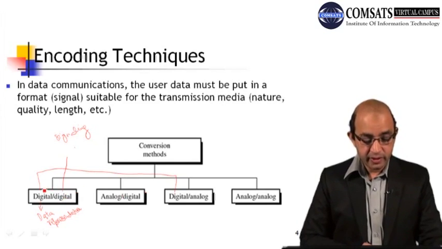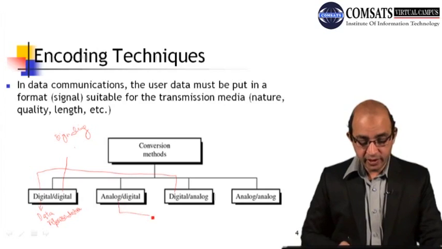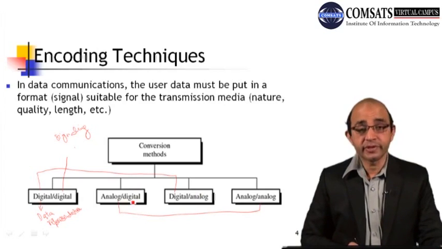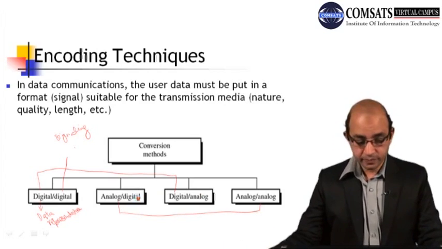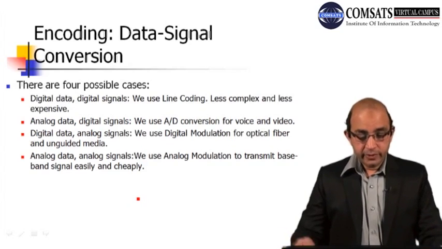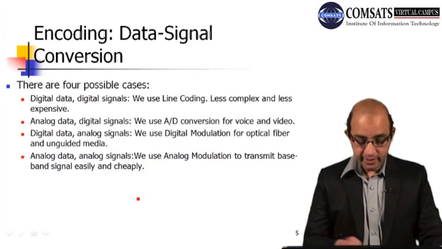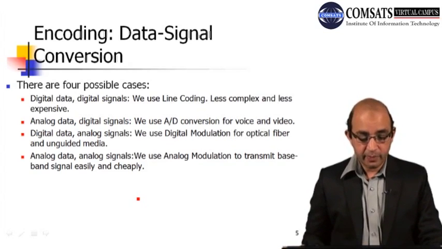Here are the variations: the first representation is digital data, and we can use digital signaling as well as analog signaling. If we talk about analog data representation, again we have two choices, digital signaling and analog signaling as well. So here are four possible cases, the same as before but with some more explanation.